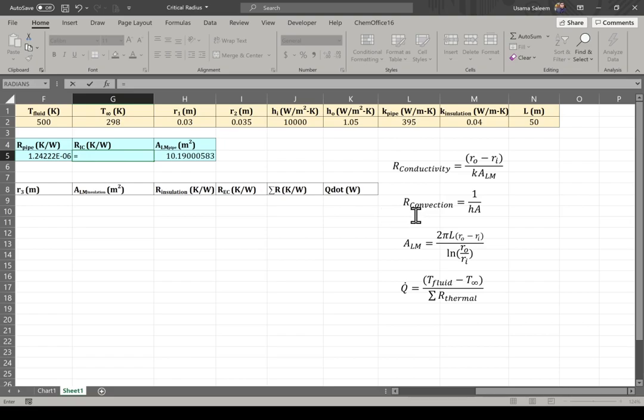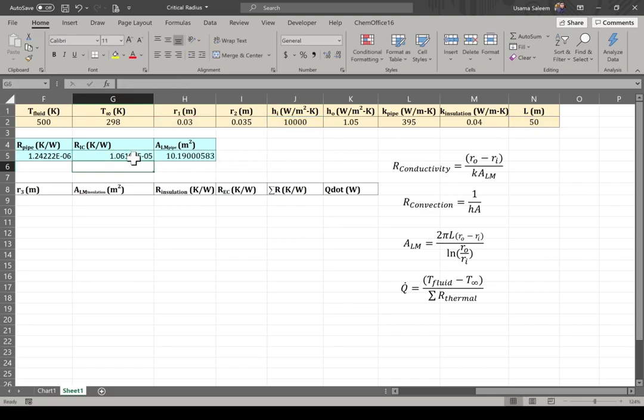Good. Internal convection. We have the equation for the resistance due to the internal convection. For this one, we're just going to be using the heat transfer coefficient on the inside, h sub i. What about the area? That's just going to be the surface area of a cylinder on the inside of the pipe, which is 2 pi times the inner radius, multiplied by the axial length. 2 pi rL.